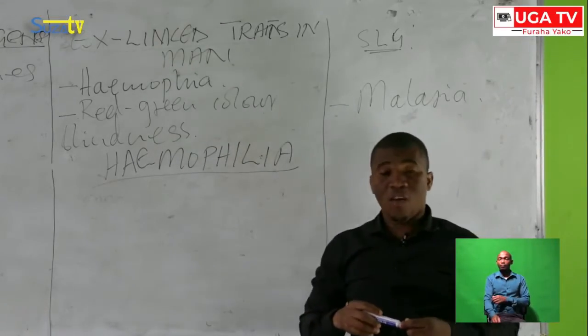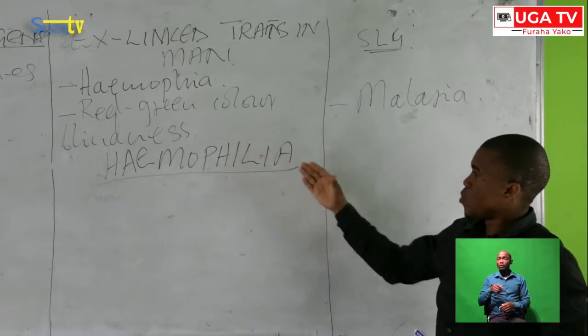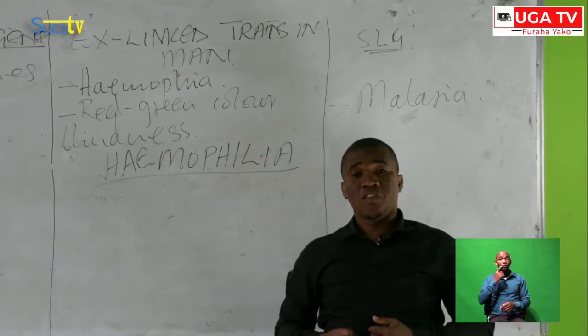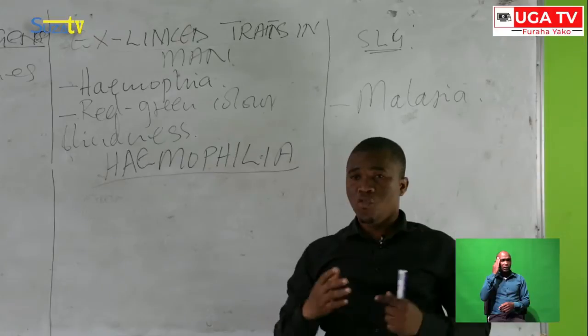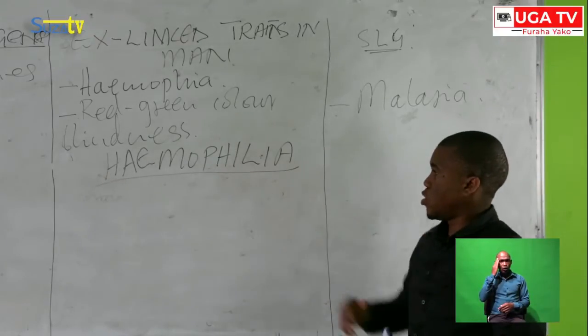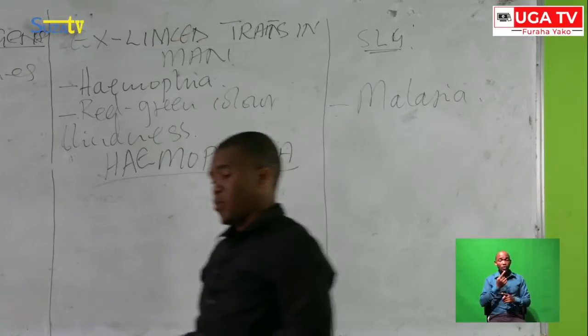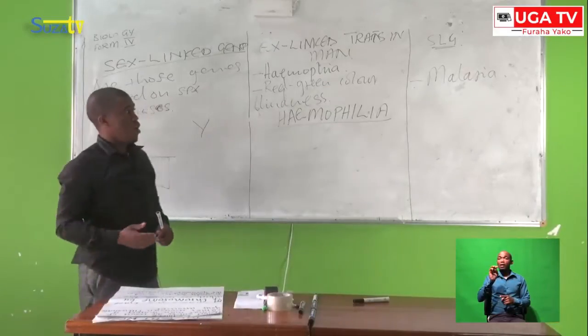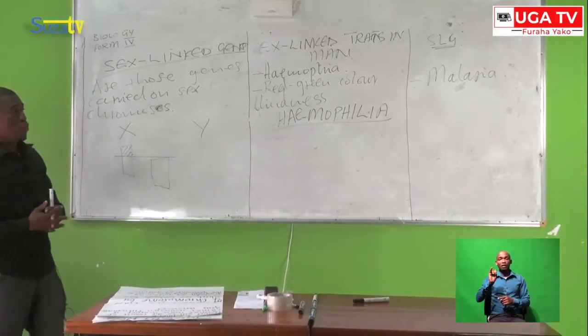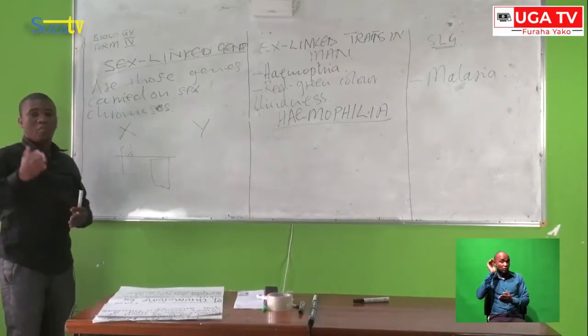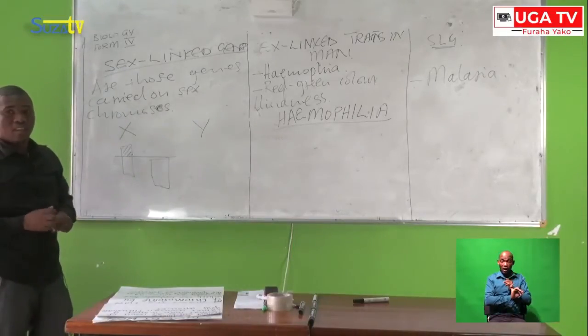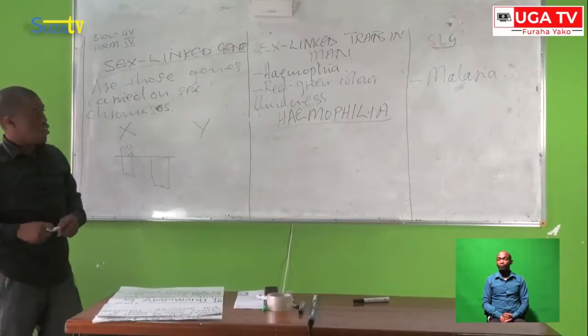I want someone to try. What do you understand? What do you know by this word, hemophilia? Can you try, please? Maybe you have heard it somewhere, maybe from your fellows. Try, please, Zuena. Thank you.